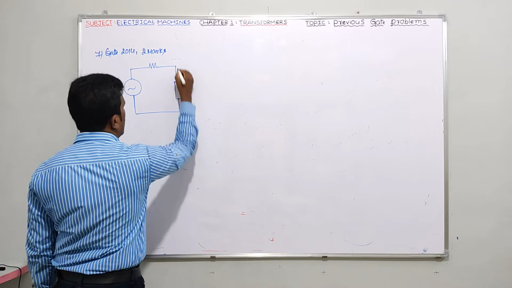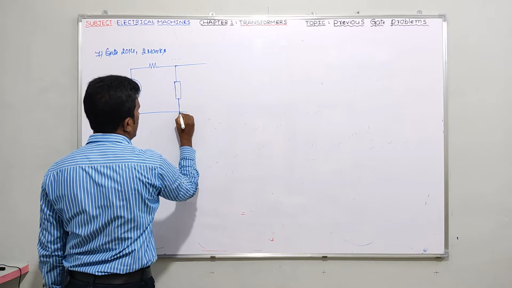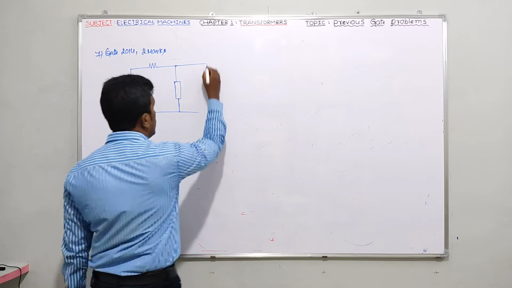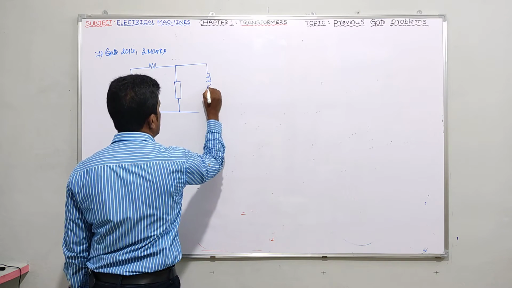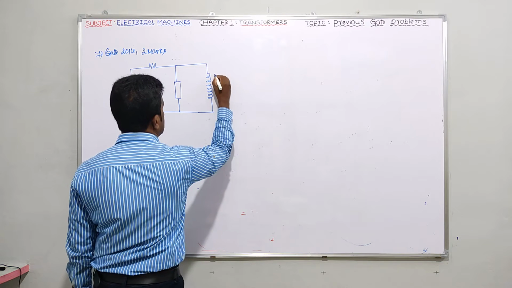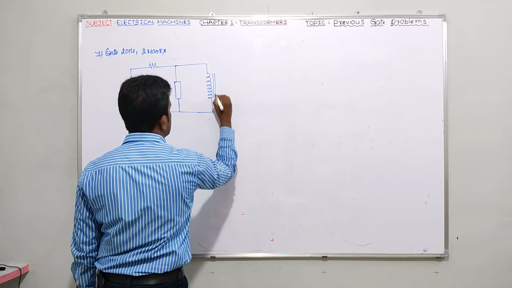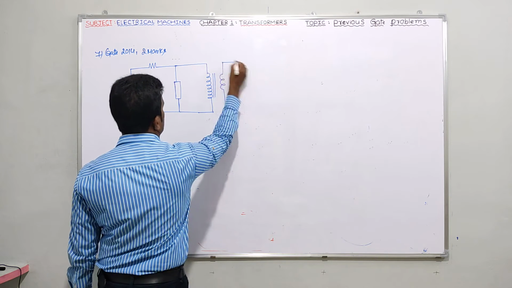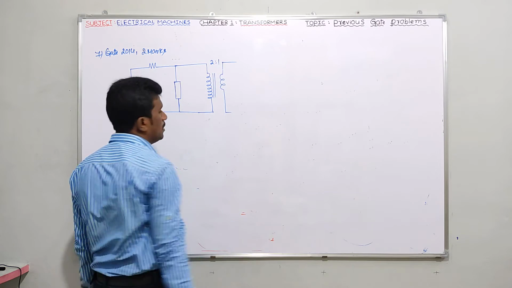If you study the question, you will get some idea. It's a 2:1 transformer, so let me show more number of turns in the primary and less number of turns in the secondary.